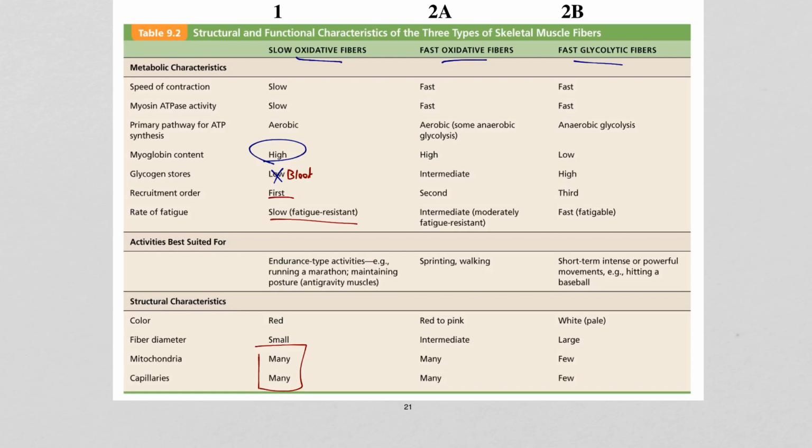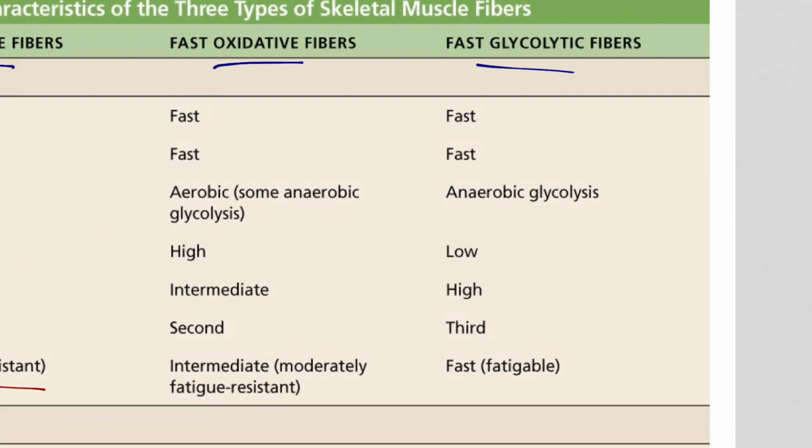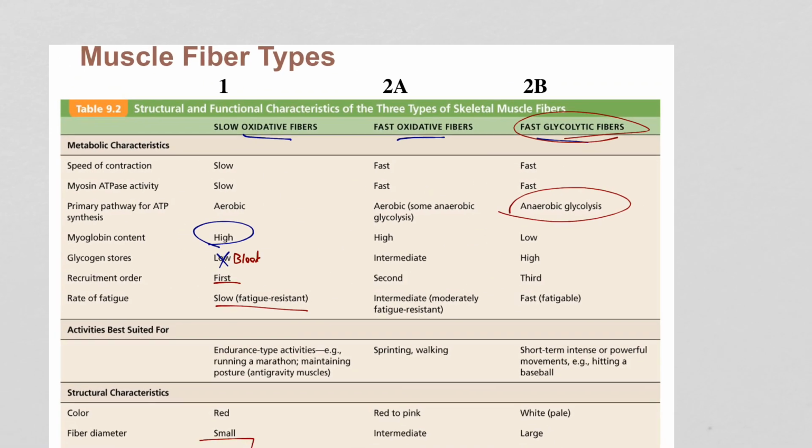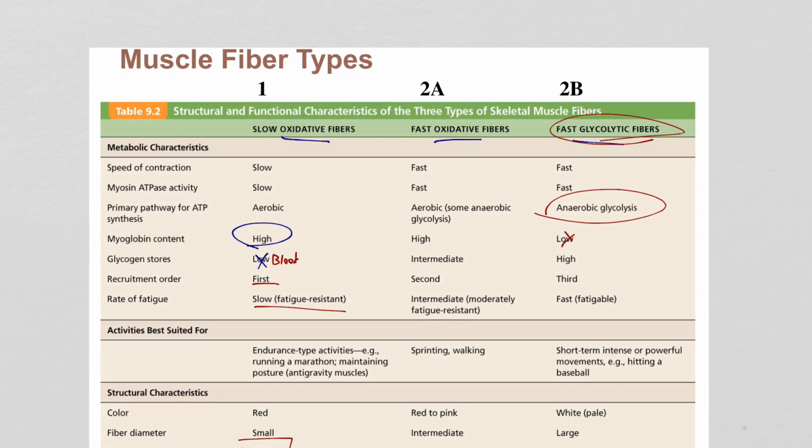If you really dramatically increase the contraction intensity, you'll have to start tapping into those glycolytic fibers, which are anaerobic, which explains why they don't have much myoglobin, but they have lots of glycogen, because it's impossible to pull nutrients out of the blood that fast, and so they have to use internally stored glycogen to fuel that anaerobic glycolysis. Remember, glycogen is just stored polymerized glucose that can be broken down and used internally inside the muscle.